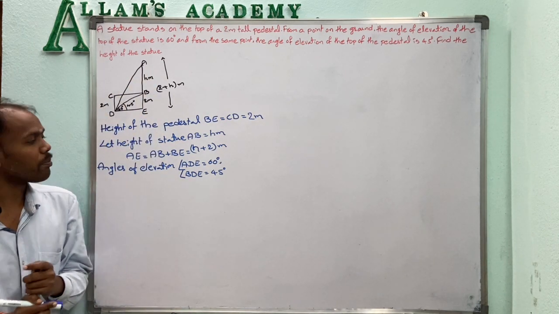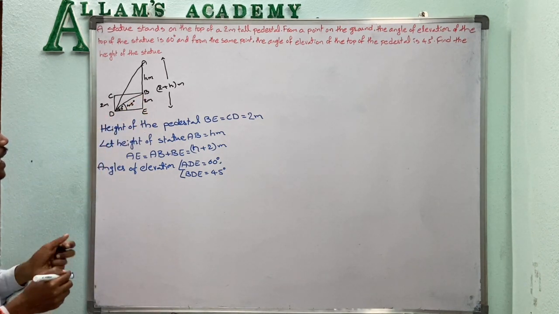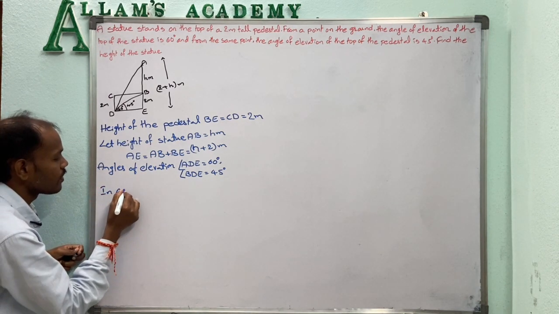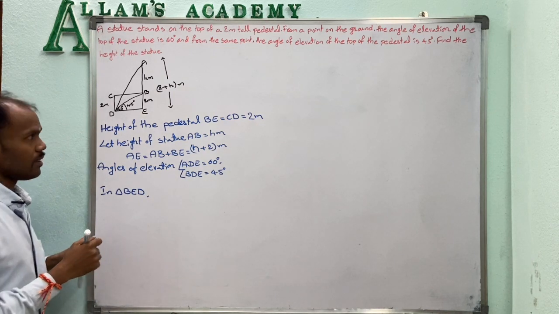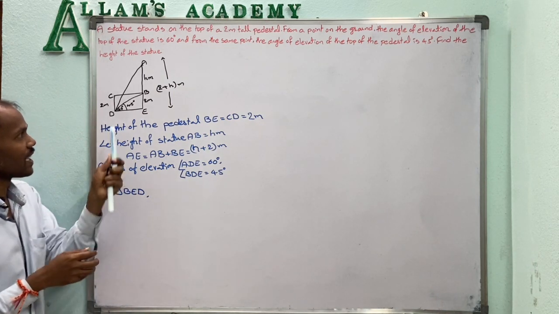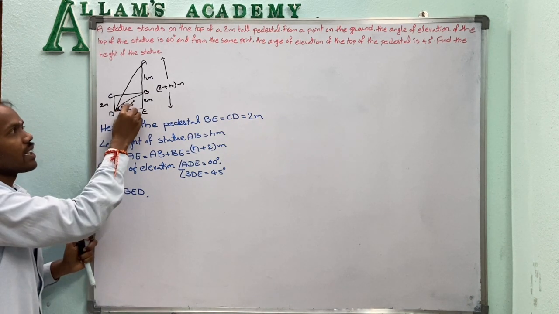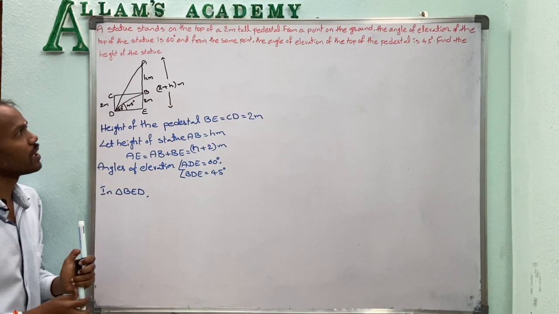So, for that purpose, first I am taking the BED triangle. In triangle BED, we know angle D equal to 45 degrees. Now, opposite to this 45 degrees, side BE length 2 meters we know.